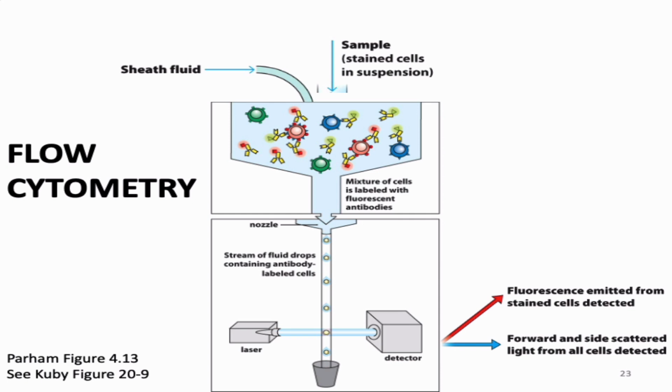Some people also will talk about it as the internal complexity. So we can get size and we can get granularity, just like you got under the microscope, off of this pretty easily.